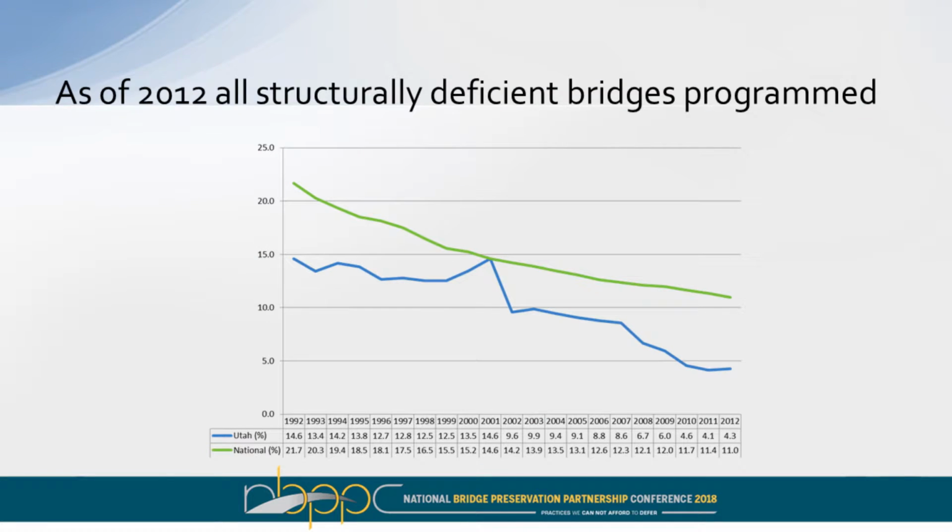So in 2012, Utah had all of the structurally deficient bridges programmed within our 4-year STIP. We've had a couple more become structurally deficient since then, but we've programmed them within the next cycle on every one of those. So right now we have all of our structurally deficient bridges programmed within a 4-year cycle.